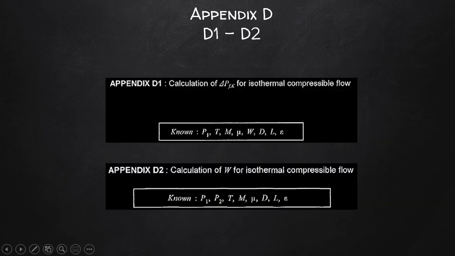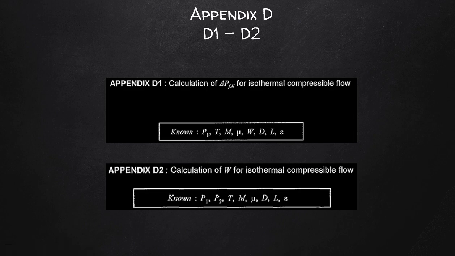Appendixes D1 and D2 summarize the two algorithms that are typically used with the isothermal case. D1 is used to determine the pressure drop going from P1 to P2, and generally we will know either P1 or P2 in this case, whereas the appendix D2 gives a method for determining the mass flow that is found by converging and testing the friction factor.